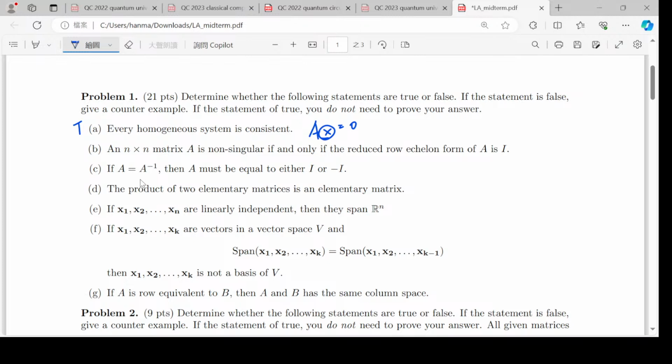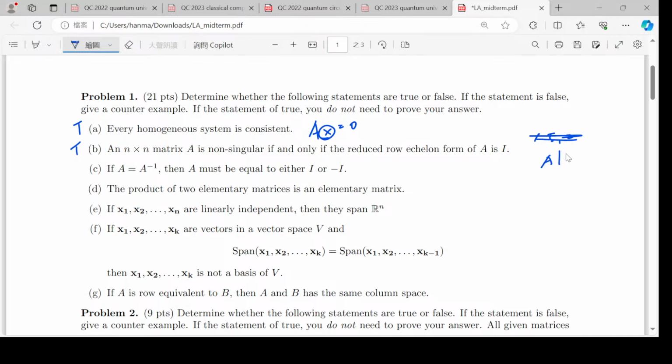And B is saying that every n by n matrix is non-singular if and only if its RREF is I. And this is true. This is theorem 1.5.2 that we proved. There are 3 characterizations of non-singular matrices, and one of them is RREF equal to I. This can also be seen from the algorithm we use to calculate A inverse.